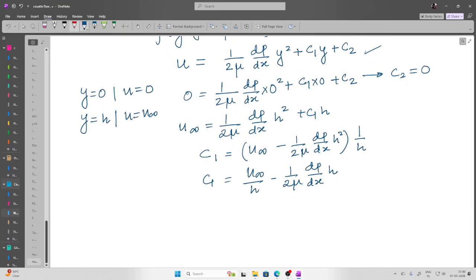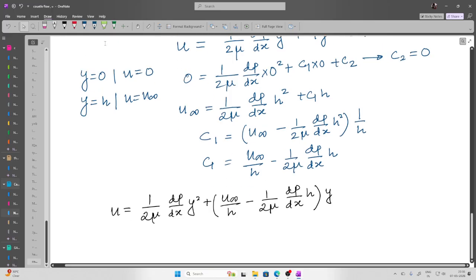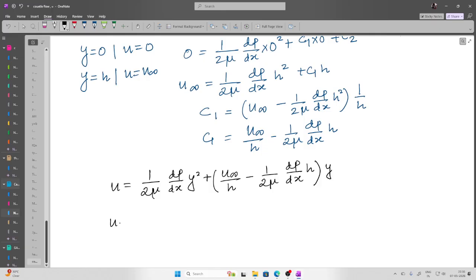So you should be getting now u as 1 by 2 mu dp by dx y square plus c1, where c1 is u infinity by h minus 1 by 2 mu dp by dx h, and there is one y. Okay, now you try to solve this.